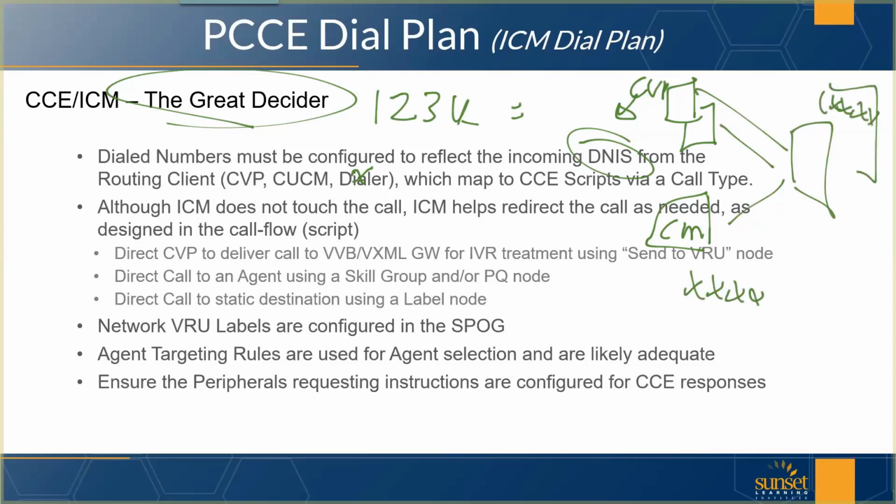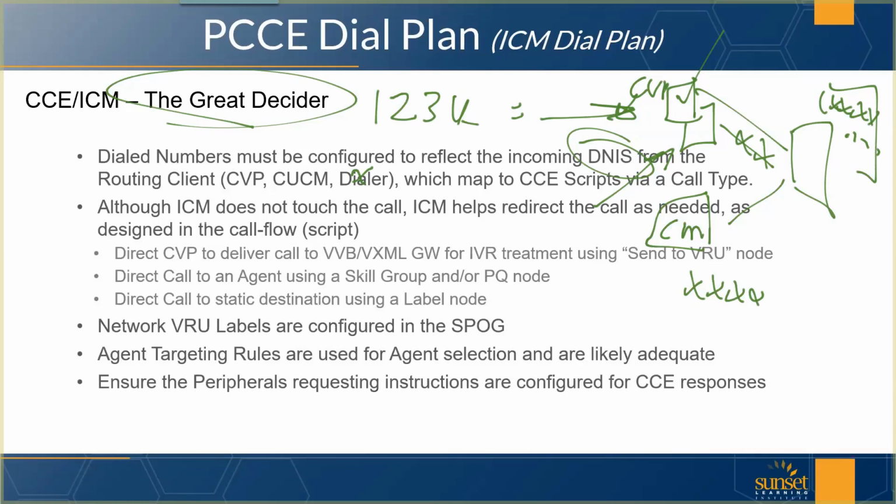XXXX in ICM then needs to be configured for each of those routing clients. If the number comes in from here and that's configured correctly, that might work. But if the second number comes in from, say, the standby CVP, and that routing client is not part of this configuration, then again, that will be rejected. We'll talk later in this session about Call Manager inputs into CVP and the appropriate configuration required in that device.